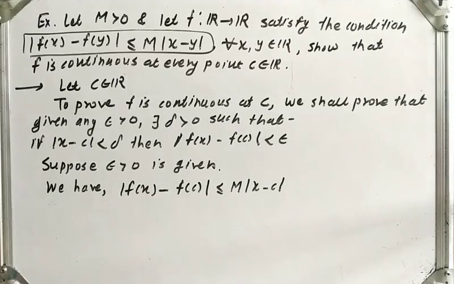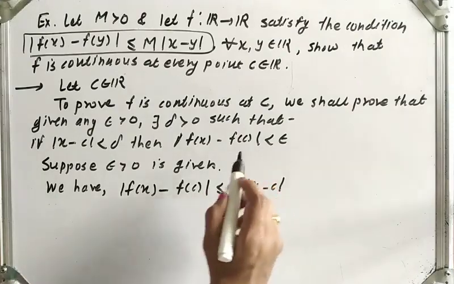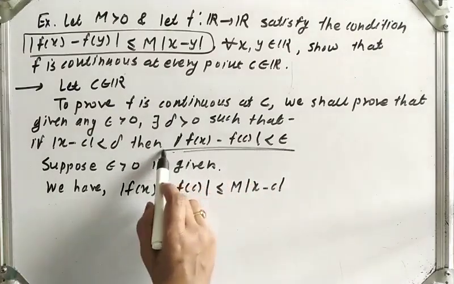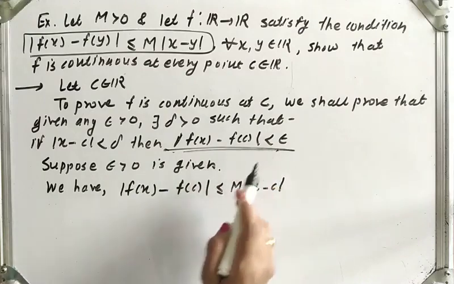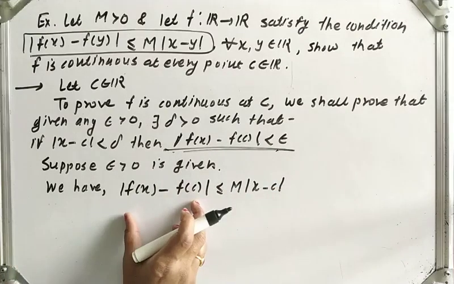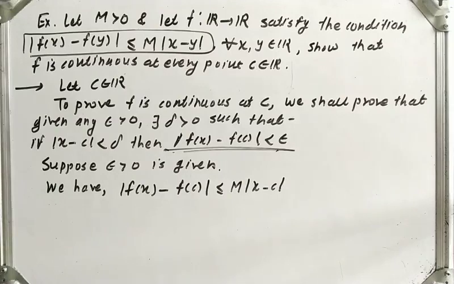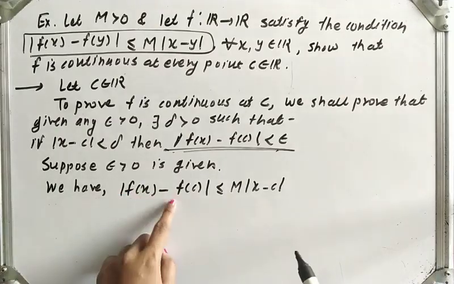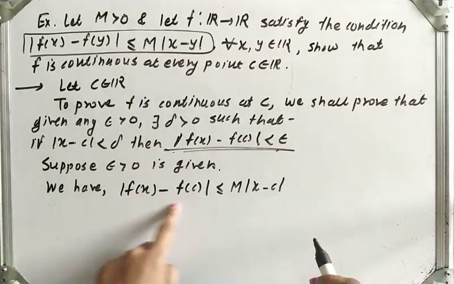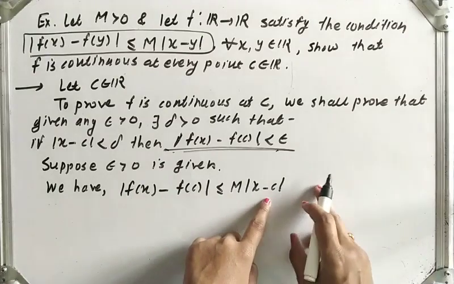Now what we need to show is mod of f(x) minus f(c) less than epsilon. We have to show this part is less than epsilon. When does it happen? When this complete part is less than epsilon.